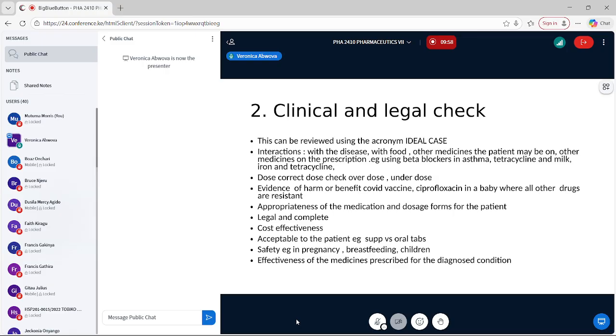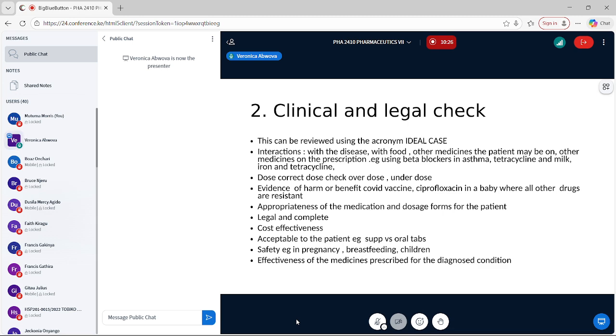And if they are female, are they pregnant? Okay. And even if they are not pregnant, especially if they are of childbearing age. These are things that you want to find out because you understand that this is a drug that would harm the patient and the fetus if it is consumed.